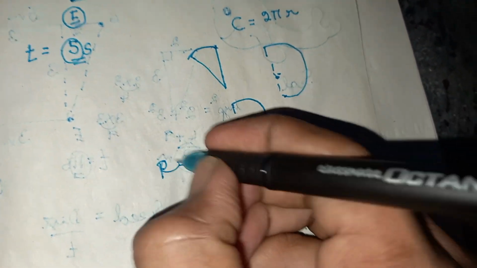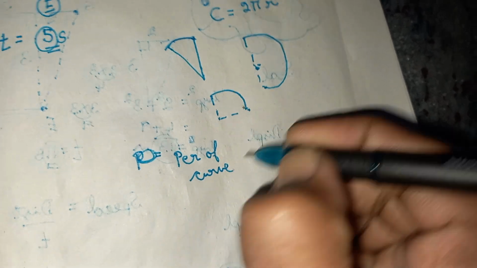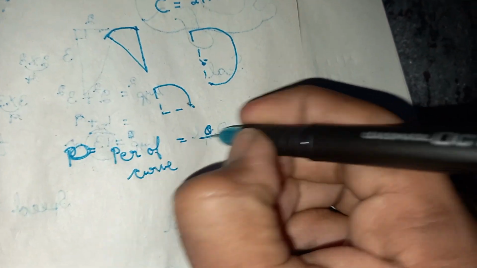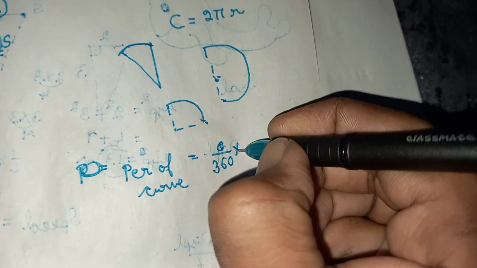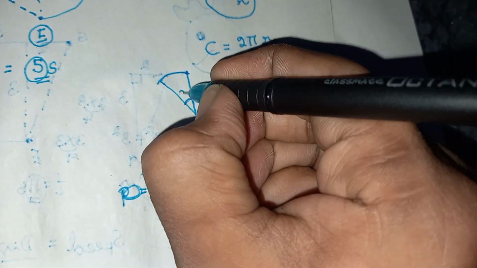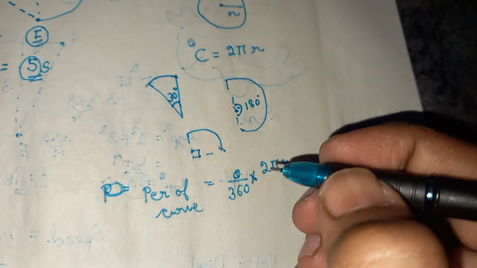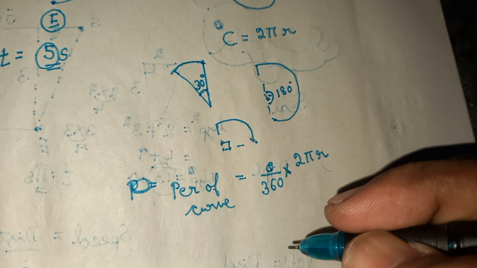That formula is the perimeter of a curve, which is equal to the distance covered: theta by 360 times 2 pi r. Here theta is the actual angle which is swept. Here it is 30 degrees, here it swept about 180 degrees, and here it swept 90 degrees. It covered different angles.